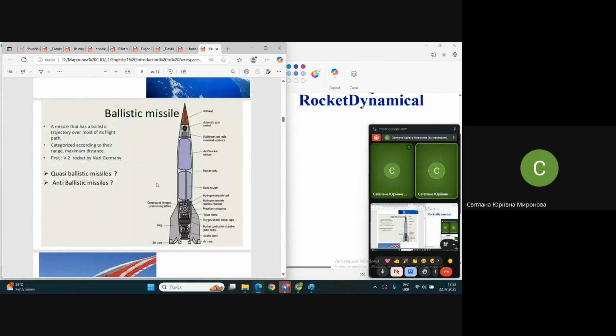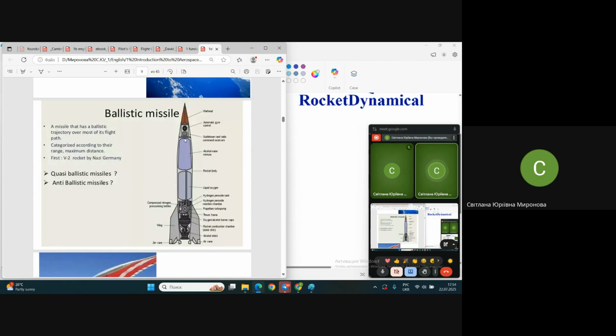During flight, first, for some piece of the way it goes according to the rocket dynamic principle with the engine, and at some moment the engine is switched off, and next it really follows this ballistic projectile trajectory.